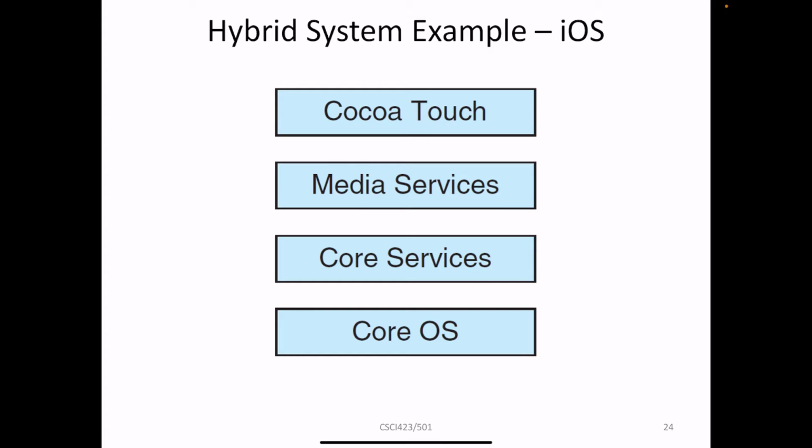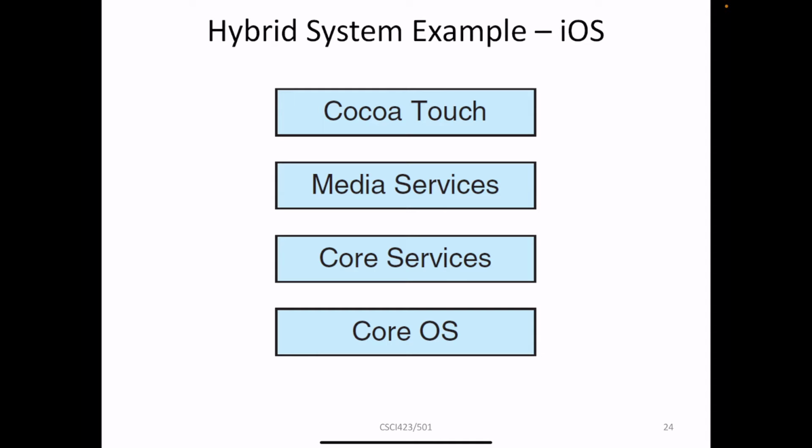On the top, we have a touch screen layer. Since most of today's mobile devices have no physical input device such as a keyboard or mouse, the touch screen is the interface users use to interact with a mobile operating system. The second layer is media services, which is a very important service for mobile devices because nowadays people watch a lot of video through them. And for mobile phones, one very important service is making phone calls.